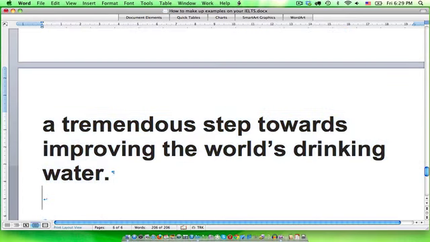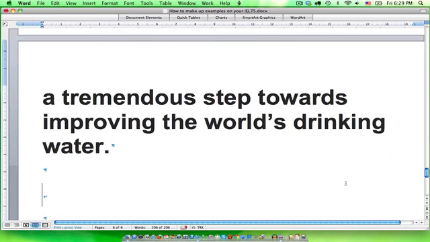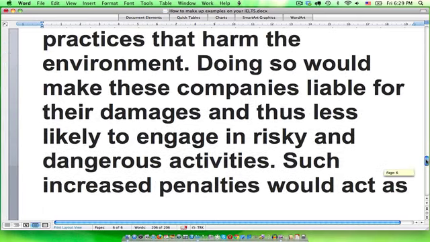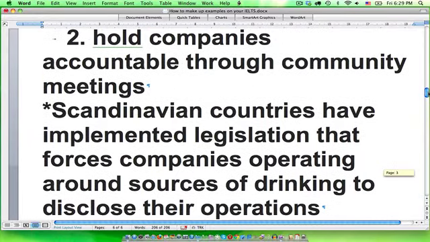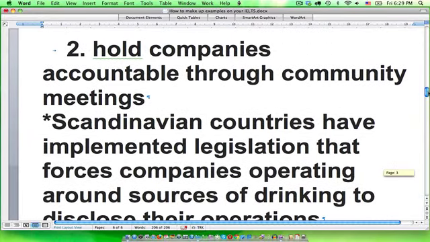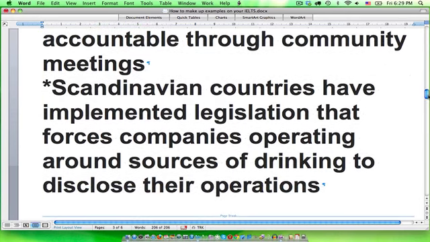Now, let's go to the second supporting paragraph, and I'm just going to go back up to remind myself of what that supporting point was. Right, okay, hold companies accountable through community meetings. And we were going to share an example of Scandinavian countries that have implemented legislation that forces companies operating around sources of drinking water to disclose their operations.